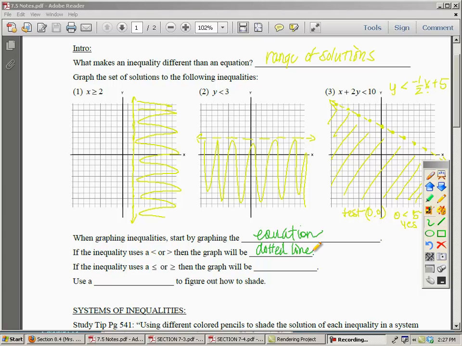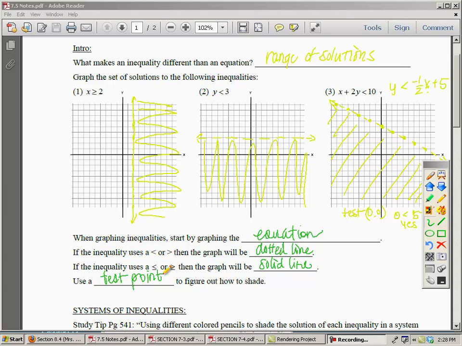If it's less than or equal to or greater than or equal to, the graph would be a solid line. And then we're going to use a test point. And again, most of the time that test point will be 0, 0, unless our equation goes through 0, 0. And so this is kind of the first idea going through.